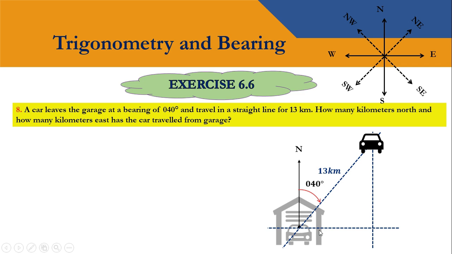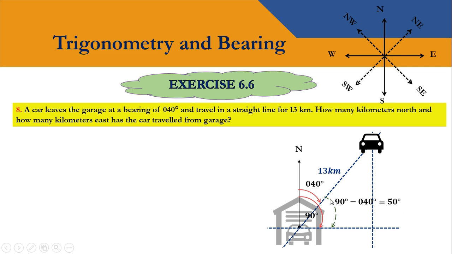To solve this triangle, we need one of its angles. To find that angle, we know that north is 90 degrees towards the east. So this total angle is equal to 90 degrees. If this total angle is 90 degrees and this angle is 40 degrees, then the remaining angle should be 90 minus 40 degrees, which is 50 degrees.